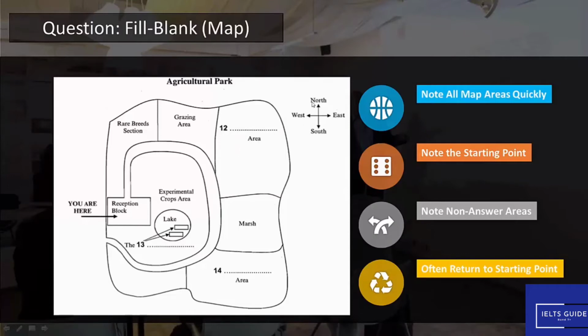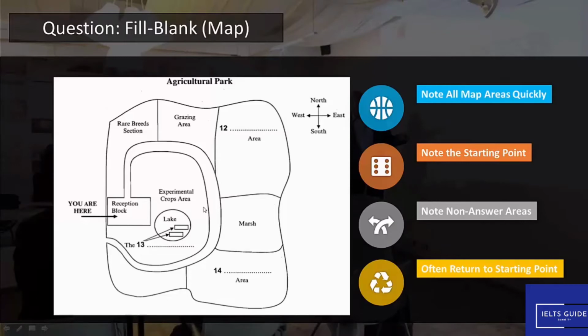You also want to know your directions, north, south, east, and west, because they're going to again connect answer choices to directions. Also, what you want to be aware of is that very often with a map question, they'll take you back to the reception area and start over to take you in a different direction.